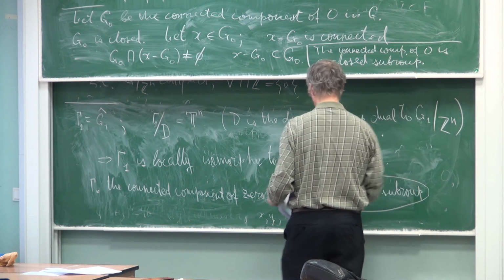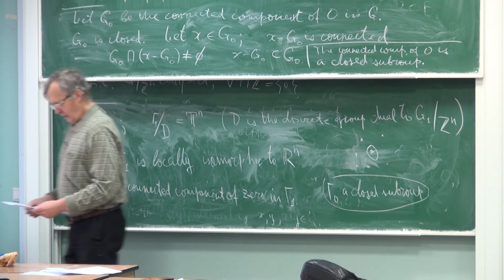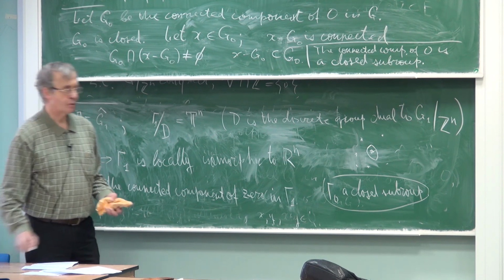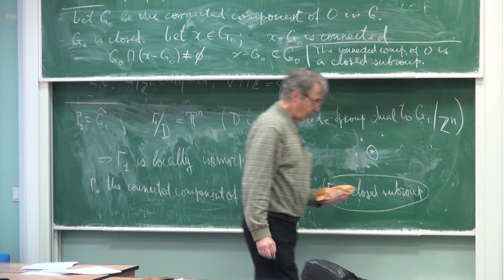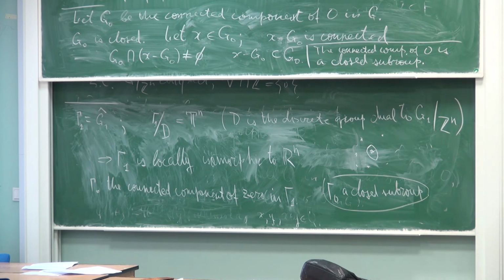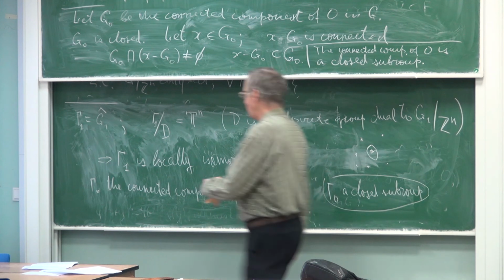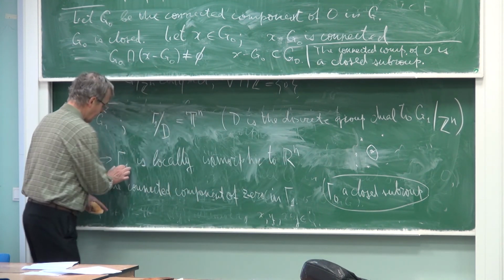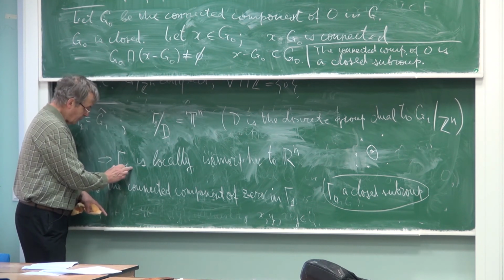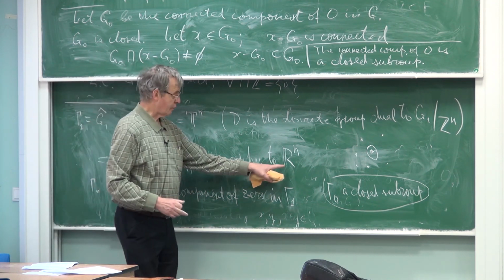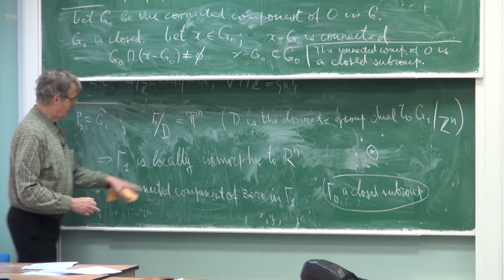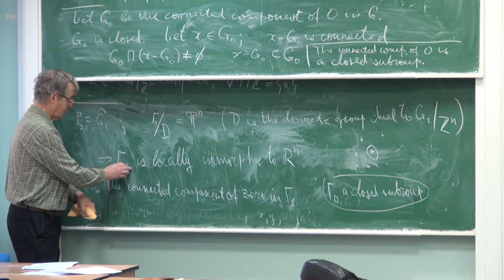This is from some general statement, but also it is clear that it is open. It contains a neighborhood of 0 because by the fact that gamma 1 is locally isomorphic to Rn, some neighborhood of 0 in gamma 1 is homeomorphic to a ball in Rn. This means that this neighborhood of 0 in gamma 1 is connected.